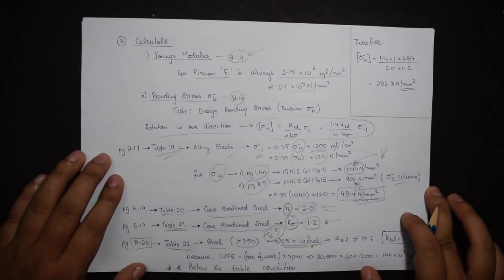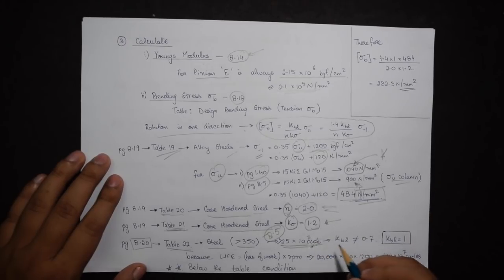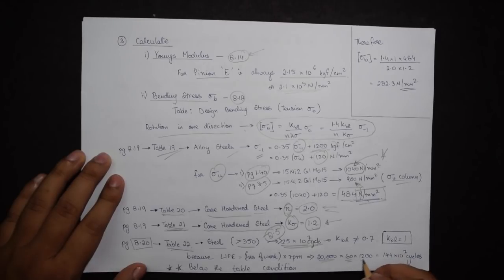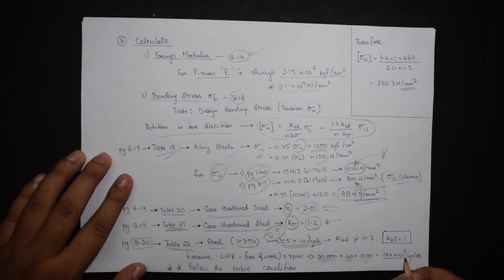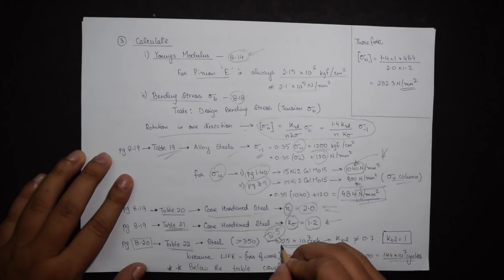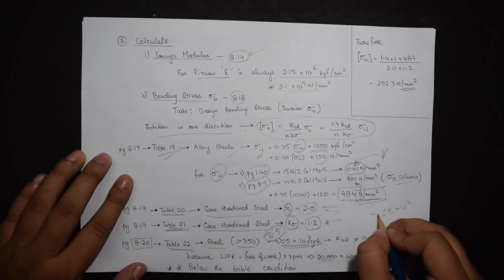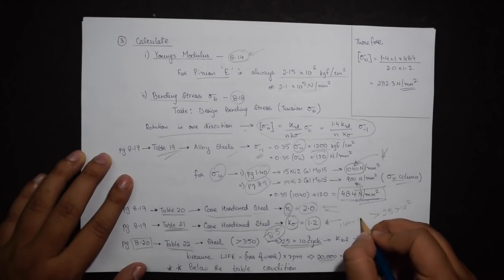So we know that life is the number of hours it has worked into the RPM. So I'll write 20,000 hours, converted it into minutes, so multiply it by 60 and then the RPM, which is 1200. So my answer becomes 144 into 10 to the power 7 cycles, which is obviously greater than 25 into 10 to the power 7. Therefore the KBL value which I will be taking is 0.7.